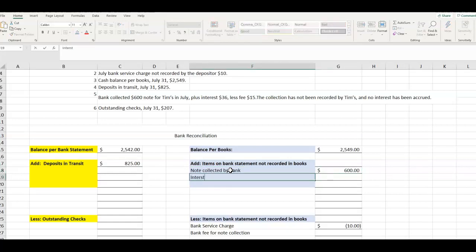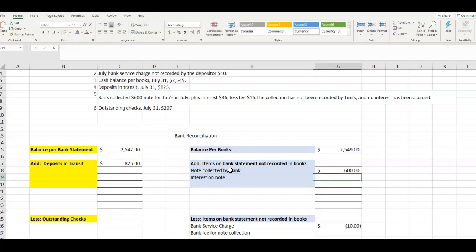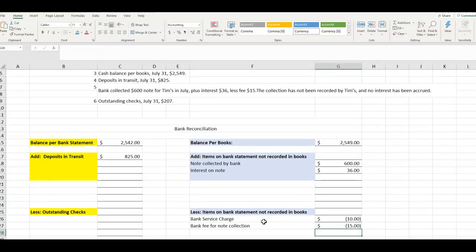Interest $36, and then a fee for the note collection. As you can see, I've worked this problem before and left the little label in there. Fee for the note collection of $15. No interest has been accrued, and outstanding checks on July the 31st is 207.